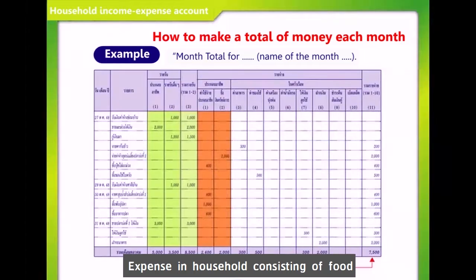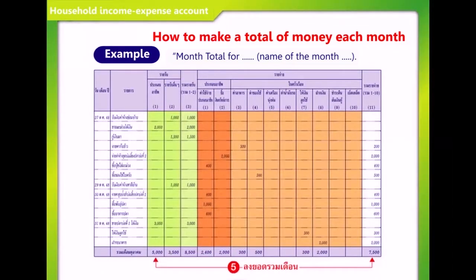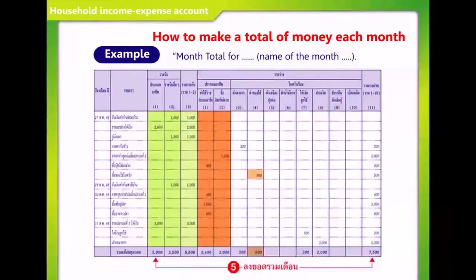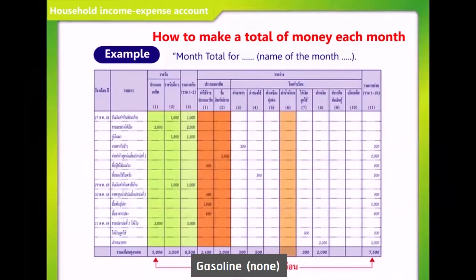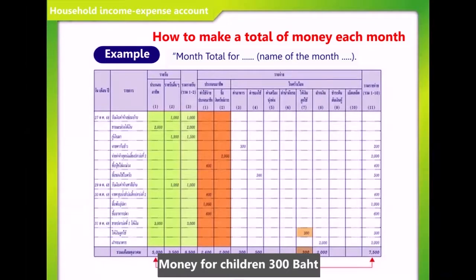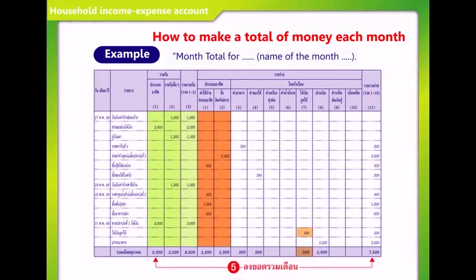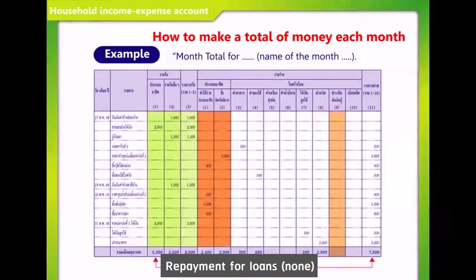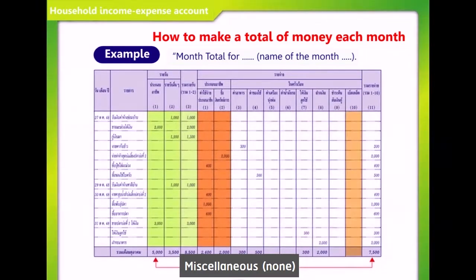Expense in household consisting of food, 300 baht. Appliances, 500 baht. Clothes, none. Gasoline, none. Money for children, 300 baht. Deposits, 2,000 baht. Repayment for loans, none. Miscellaneous, none.